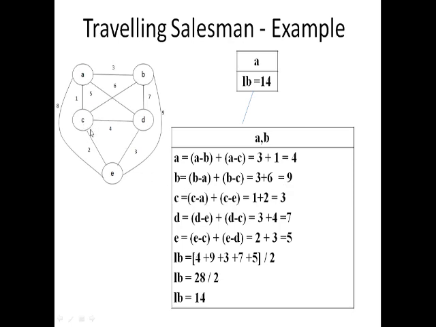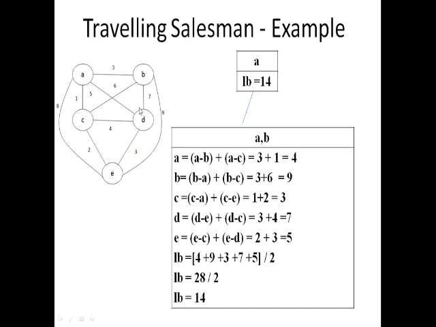C node has weights 1, 6, 4, 2. Considering these, the minimum values are A to C is 1 and C to E is 2. These two are minimal, so they are added.